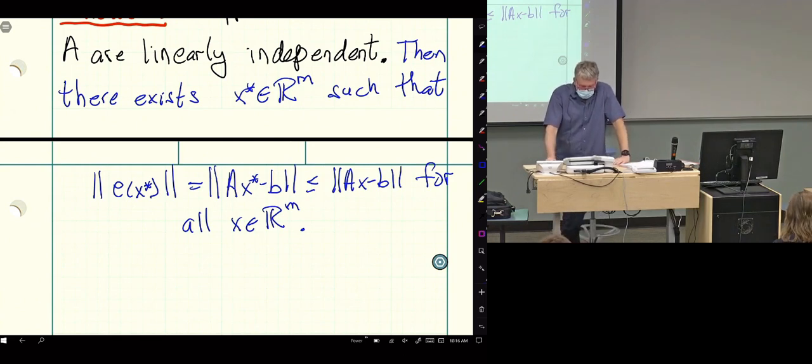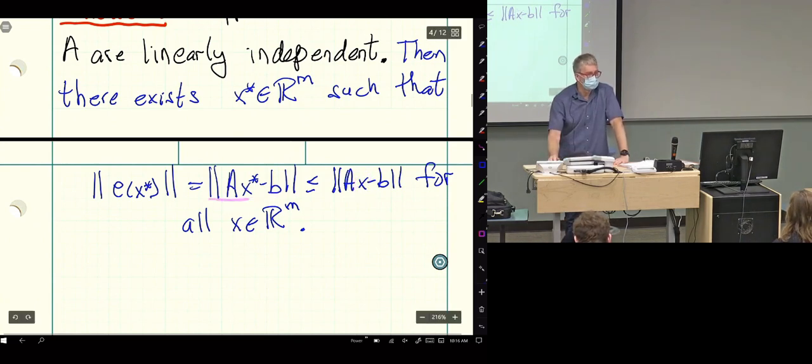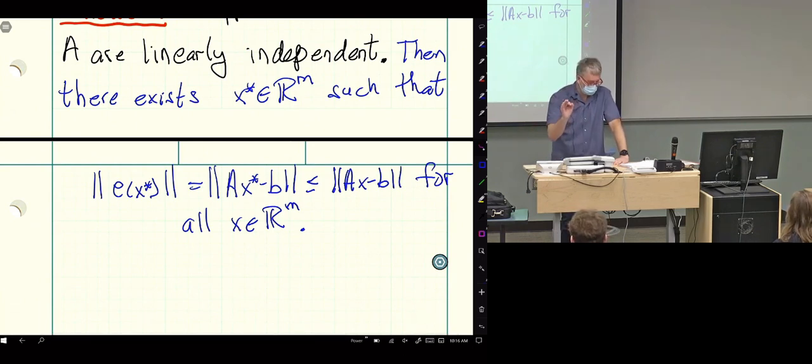When you plug it in, the error in the equation is smaller or equal to the error you get when you put in any other value. Okay, you put in any other value, all you can do is increase or keep the error equal. You can't make it smaller. This is the best one, okay? So it is a minimizing thing.